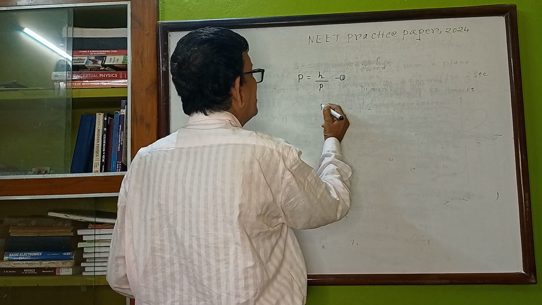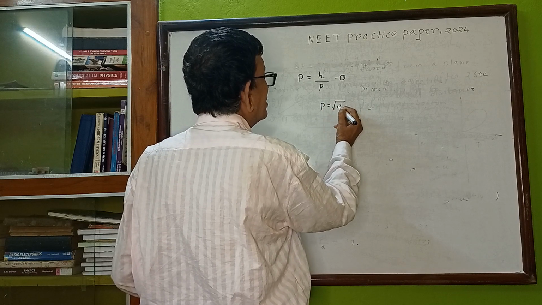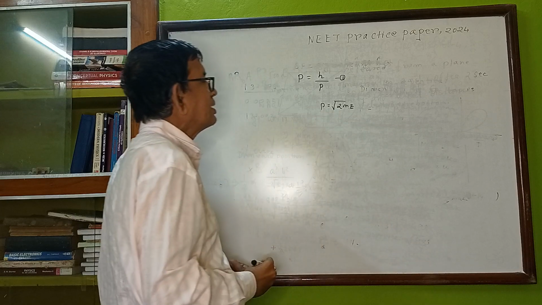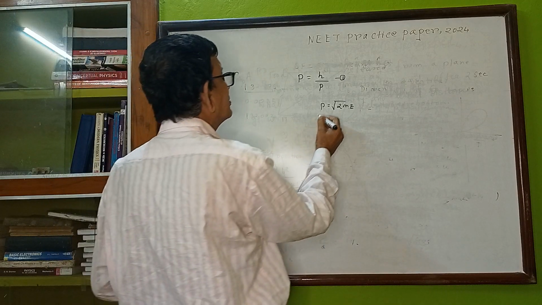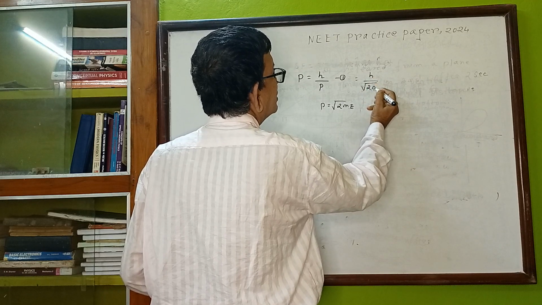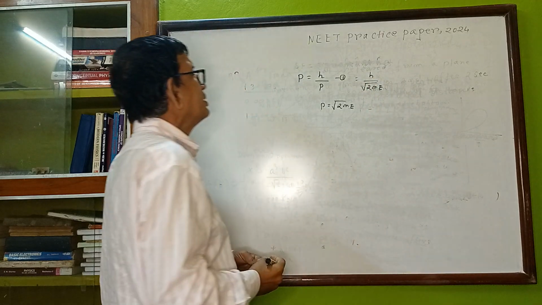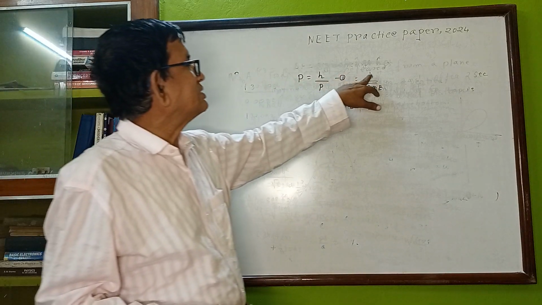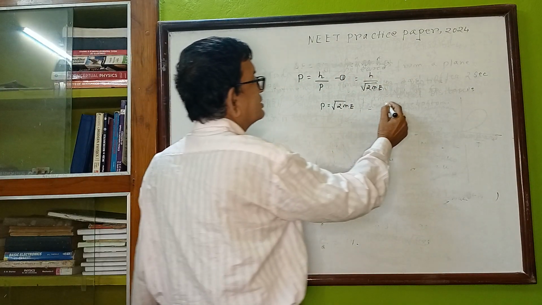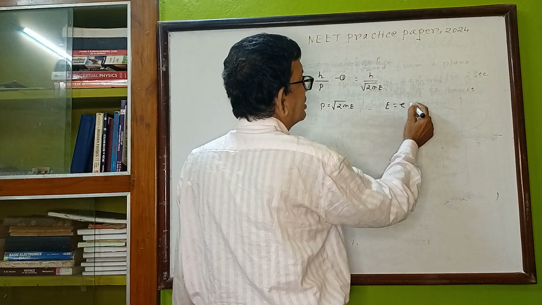Sometimes you know P equal to root over 2 m E, that means lambda equal to H by root over 2 m E. Here P is momentum, H is Planck's constant, and E is the energy of the particle. Sometimes E is given in electron volt unit.